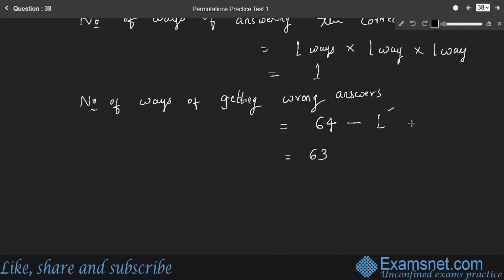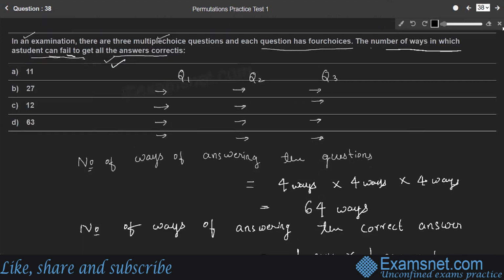Therefore, 63. There are 63 ways of getting wrong answers. If only one answer is wrong, that is also included in the 63 ways. Therefore, option D is the right answer.